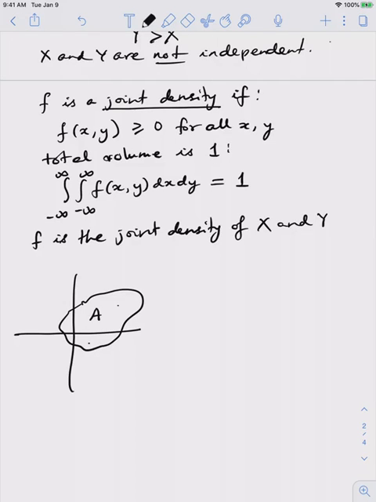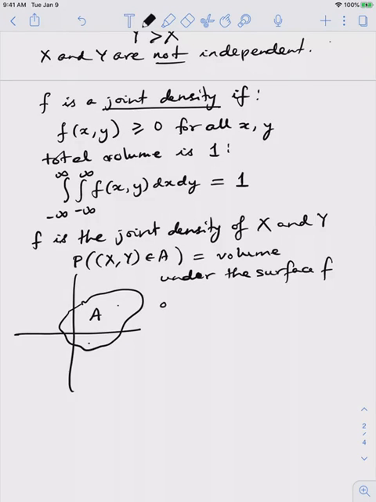So if I look at the probability that my point falls in my region A, then that probability should be the volume under the surface f over the region A. And so you have to use your imagination now.